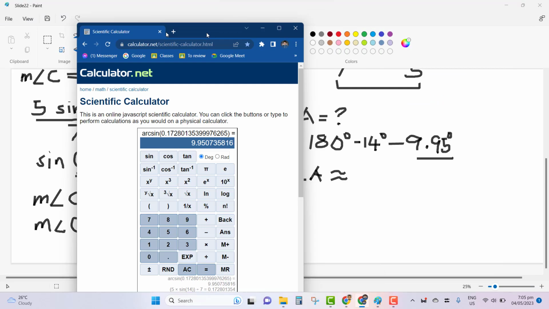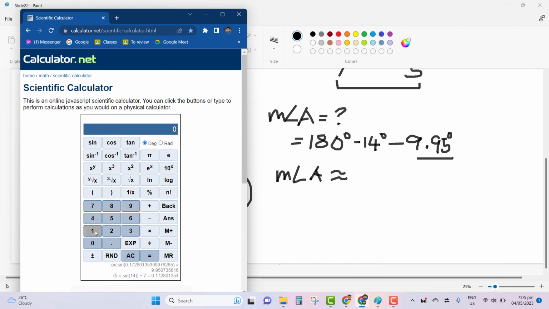It will be approximately equal to the result. Using this calculator here, let's have 180 minus 14 minus 9.95 degrees. You will have a very large value of 156.05 degrees.